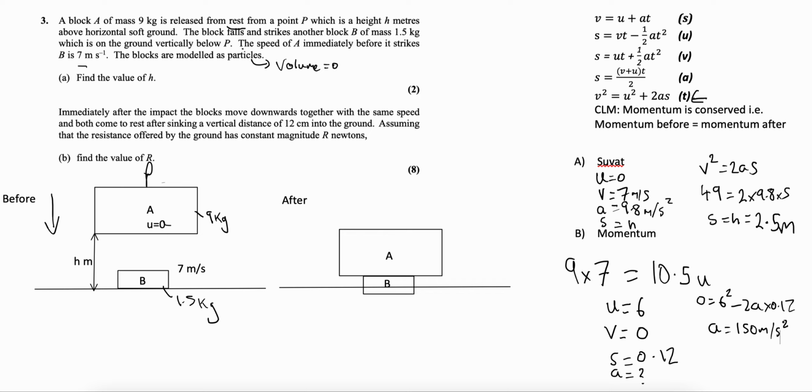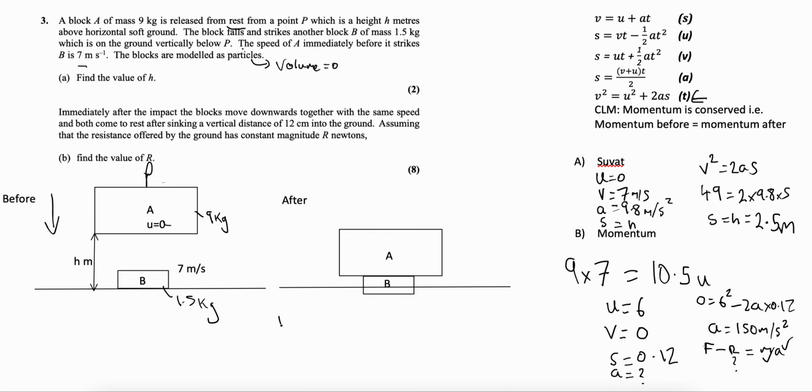So now, how do we find the force? Well, we know it's going to be force minus resistance is ma. We know a is 150. We know m is 10.5, the combined mass. We're trying to find the resistance, and the force will just be mg, so it'll be 10.5g. So let's take this over here.